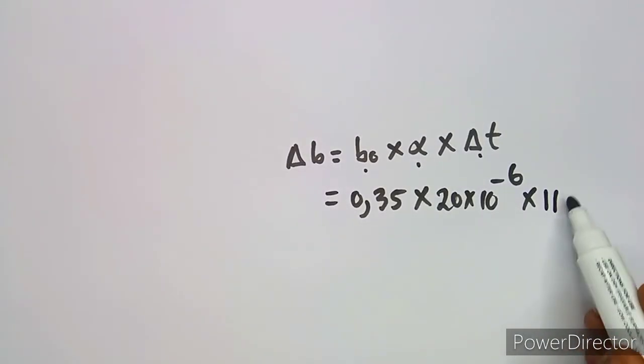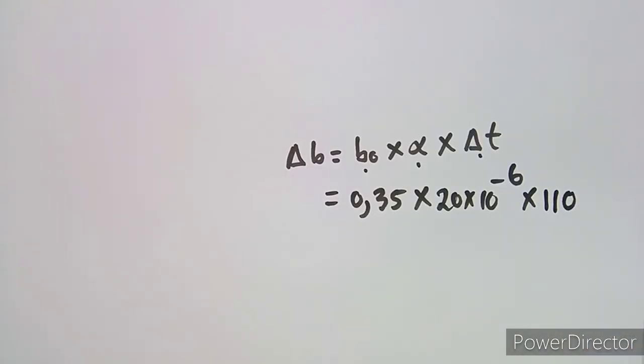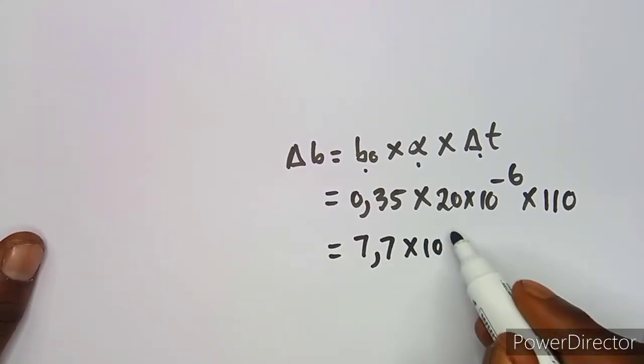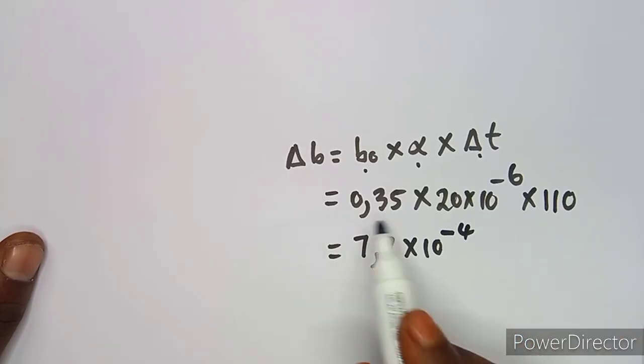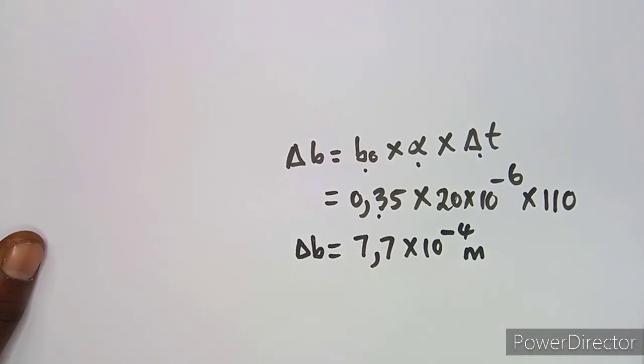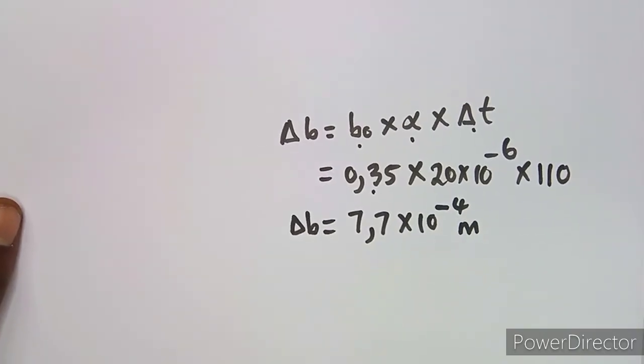Just like the other one, this is what I got: 7.7 times 10 to the power minus 4. This change in breadth is in meters.